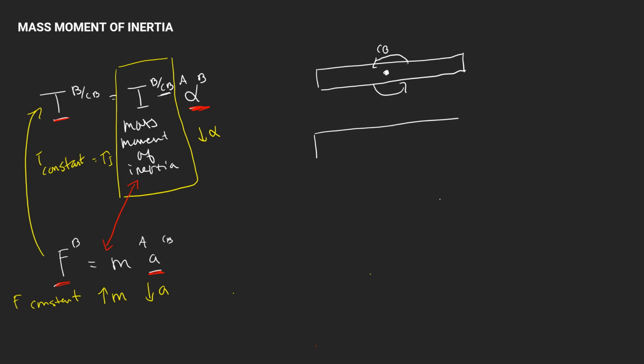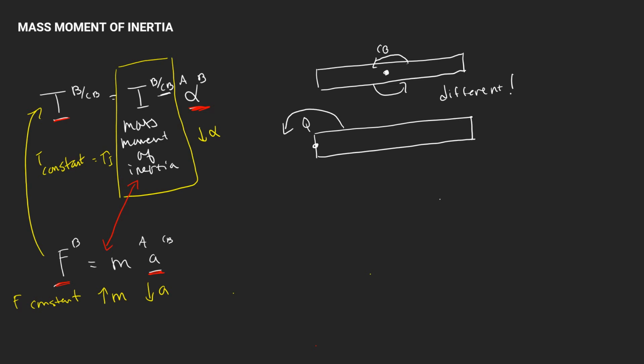Just as another example, if we have this point Q, there is an axis that passes through Q and sticks out of the page. So now we'll have a rotation that looks like this. The mass moment of inertia is going to be different in these two cases. In fact, it's going to be larger when it's taken about this point Q compared to its center of mass.